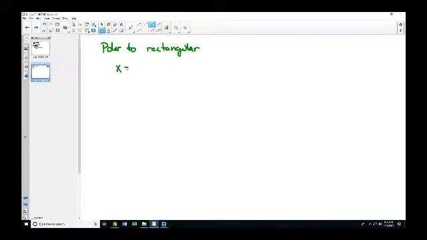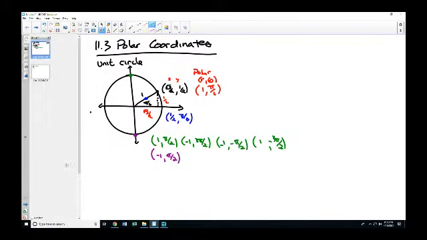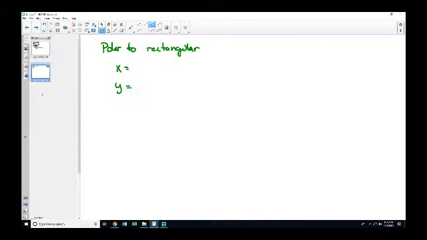So we want to get x equals and y equals, right? Because we want the rectangular coordinates. So if you're looking at the unit circle, what is the x based on? What function? Sine. No, cosine. Cosine, right? So the formula is x equals r cosine theta, and the y would be r sine theta.